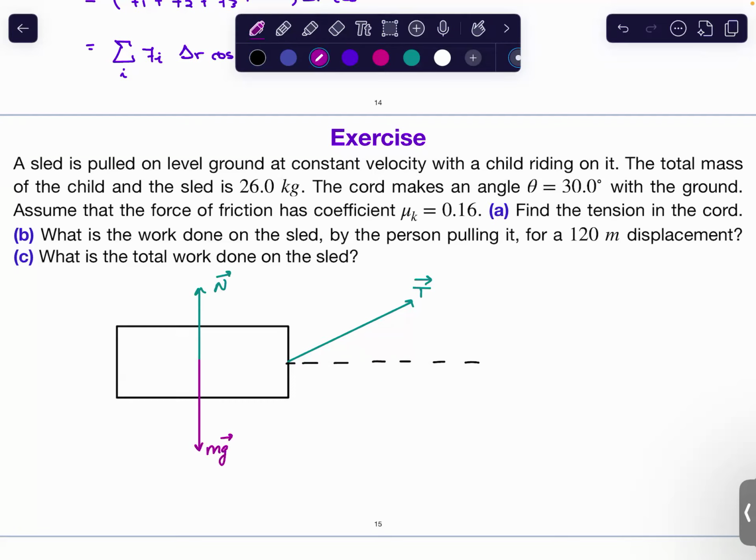Gravitational force. One more. Kinetic friction.